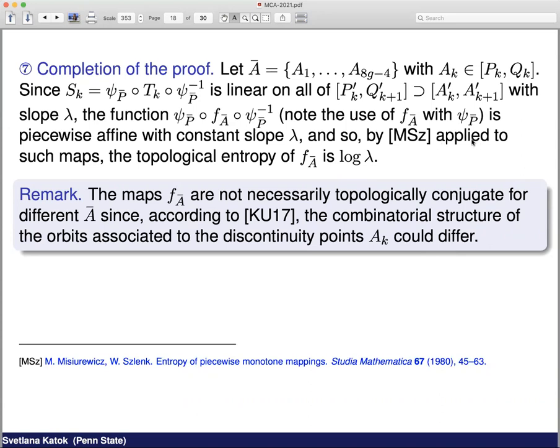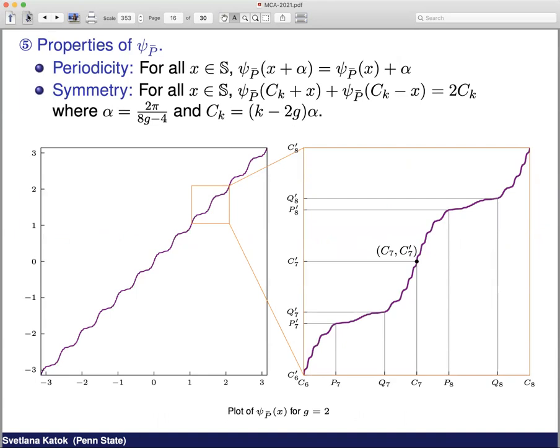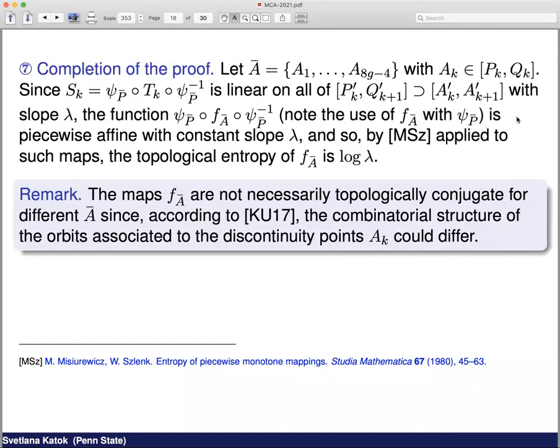Any questions? So the essential part is actually this, because we have slope lambda on a bigger interval. Therefore the conjugation will satisfy that this function is piecewise affine with constant slope lambda.